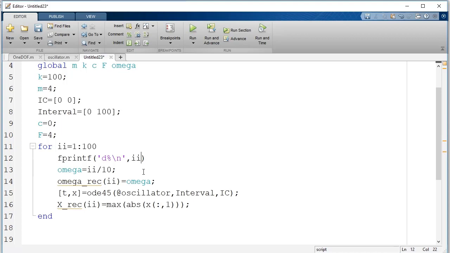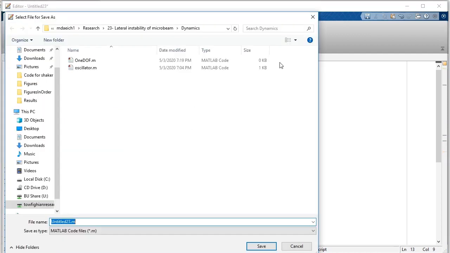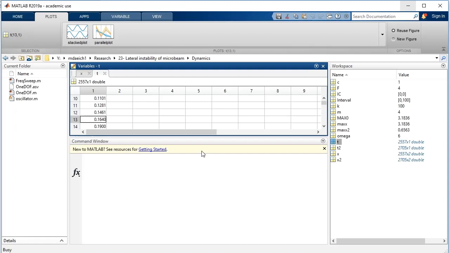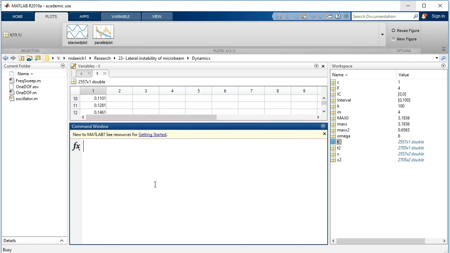We see how quick or how slow the loop is going. So now I think we can run this. Let's run this, and call this frequency sweep, for example. If I go to MATLAB here, you should see 1, 2, 3, 4, waiting for it.